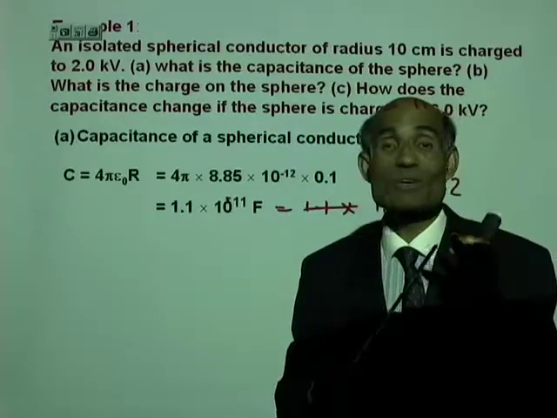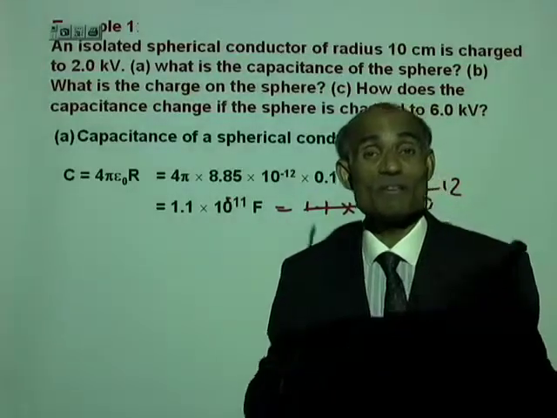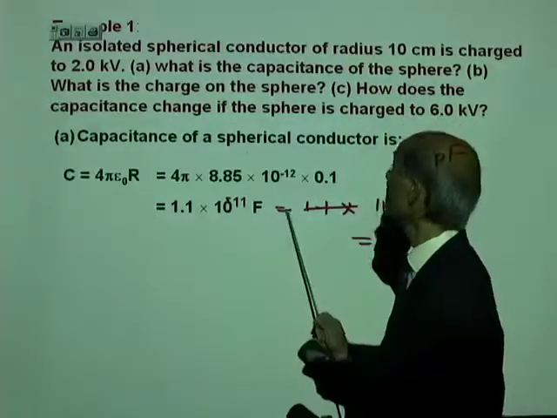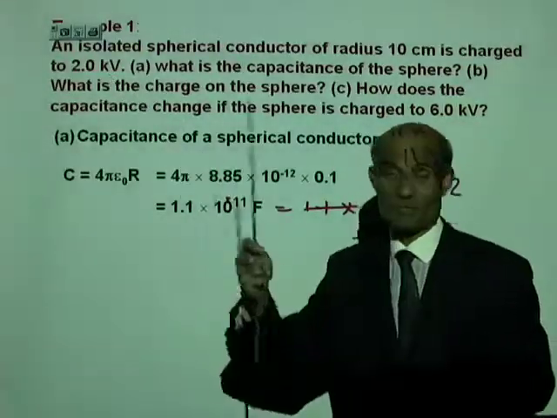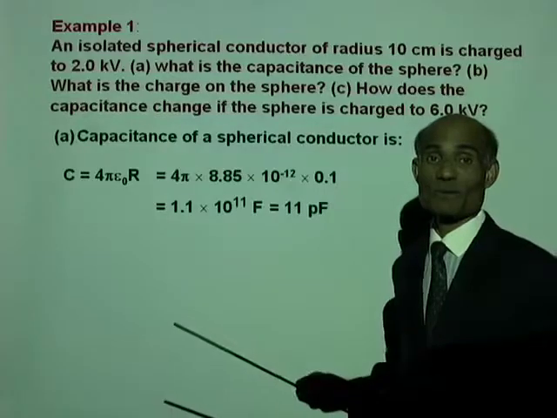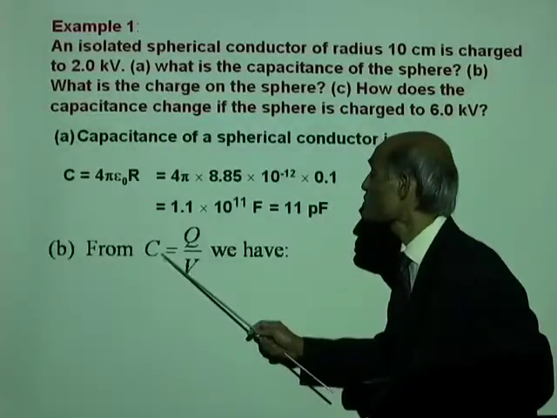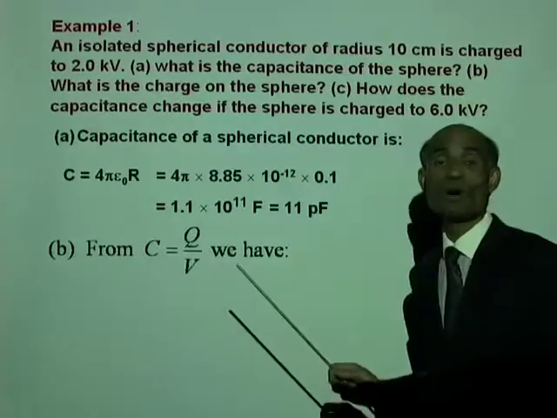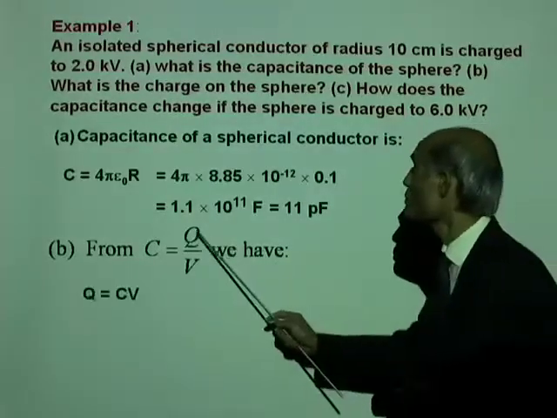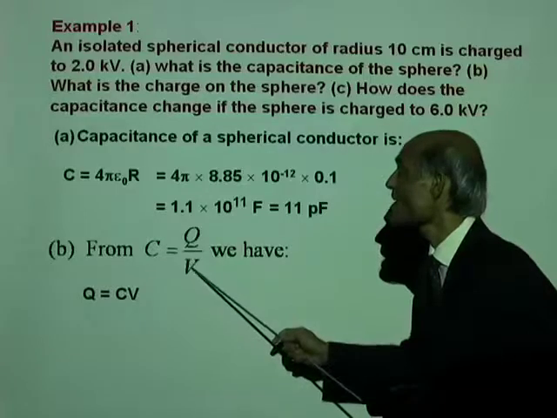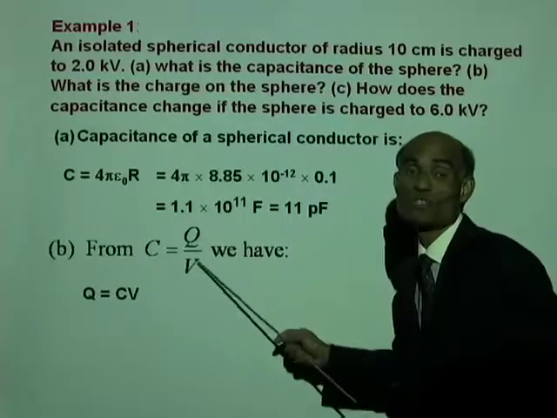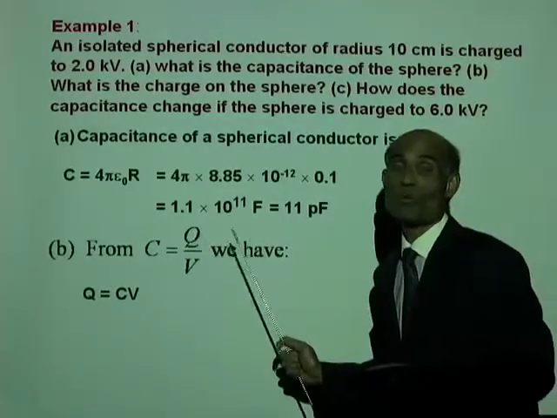Well, C equal to Q over V. We know C, we know V, we can find Q. From this relation, we can write Q equal to C times V. We will use this now hundreds of times as we go on.